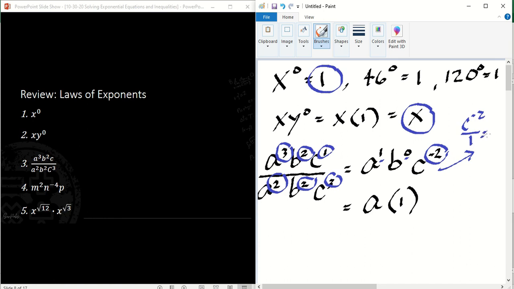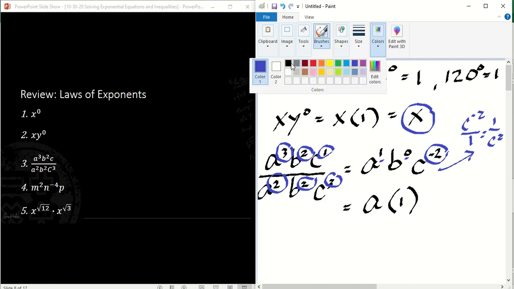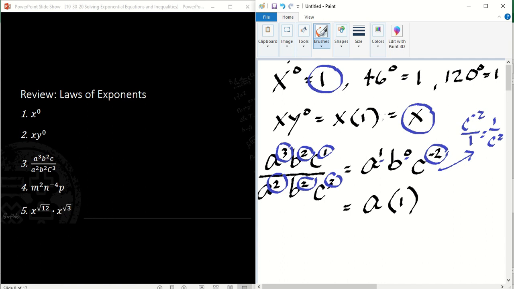So, ang reciprocal niyan ay 1 over c and then magiging positive na siya. So, that will be times 1 over c to the second.